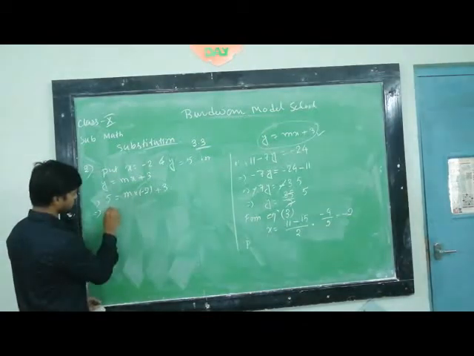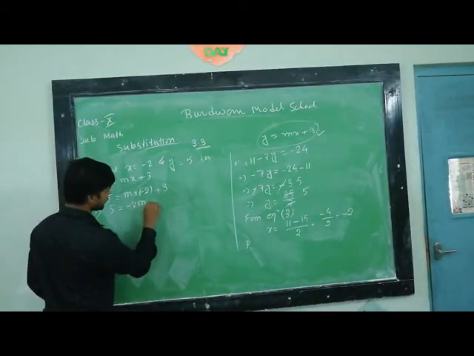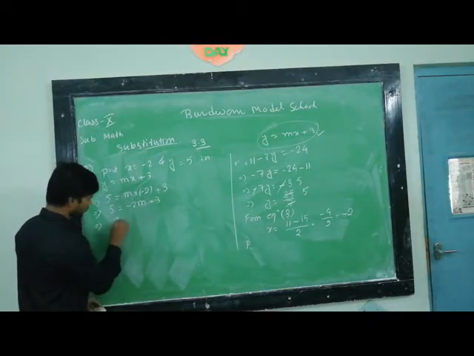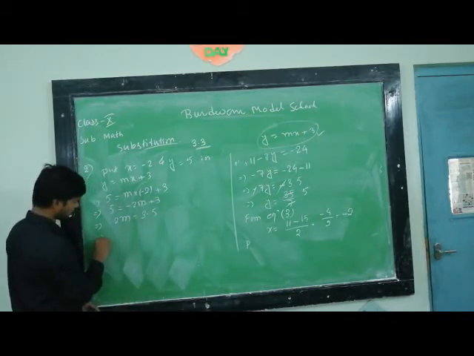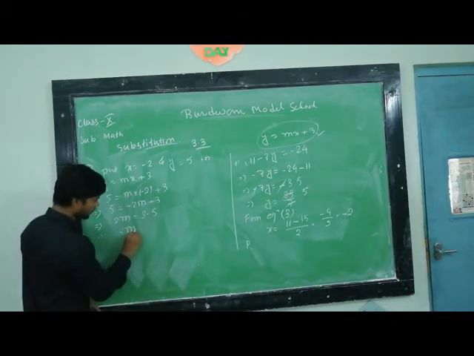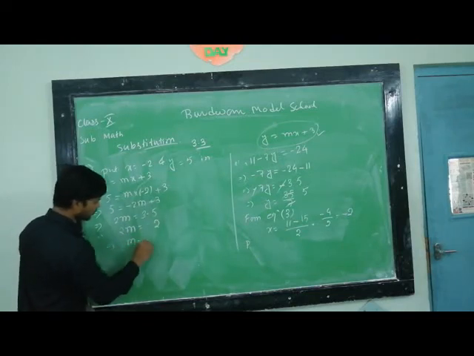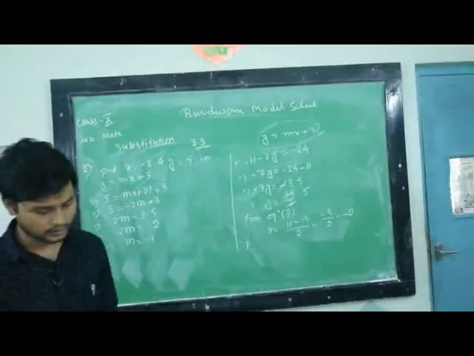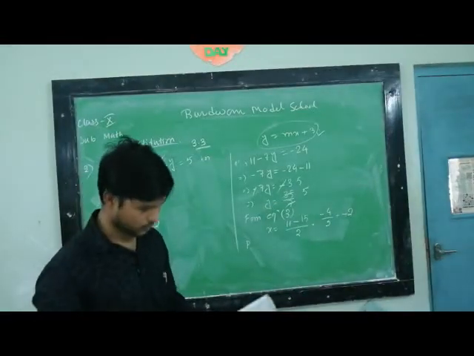That means 5 is equal to minus 2m plus 3, which implies 2m is equal to 3 minus 5. That implies 2m is equal to minus 2, which implies m is equal to minus 1. Therefore, the value of m is equal to minus 1, and solved. Okay, so question number 2 is done.